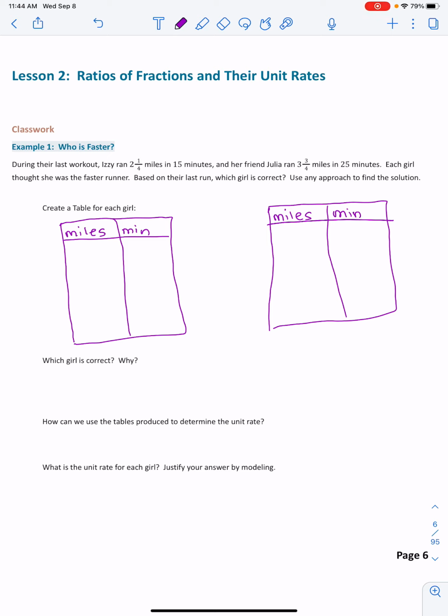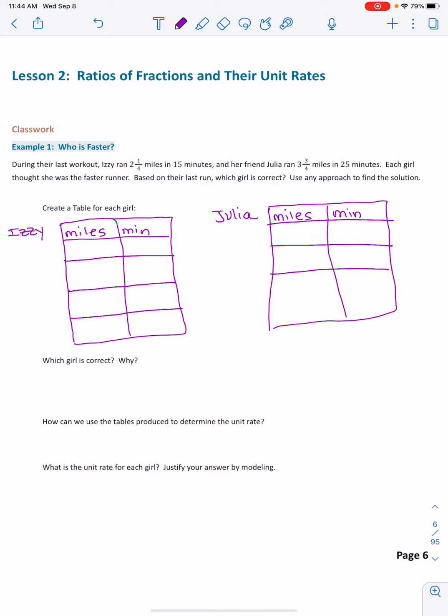And I'm going to make this Izzy, and this Julia. And I'm going to put in what they have so far, okay? I am going to change Julia's.